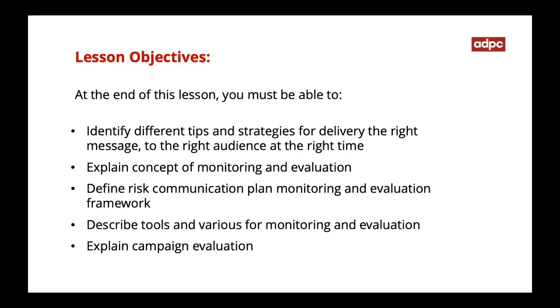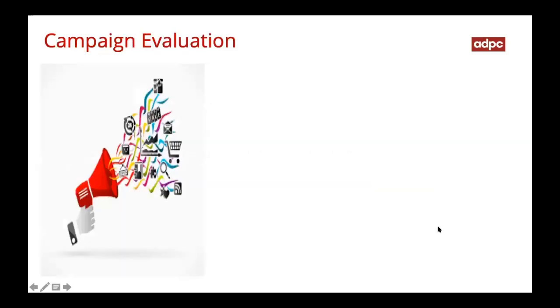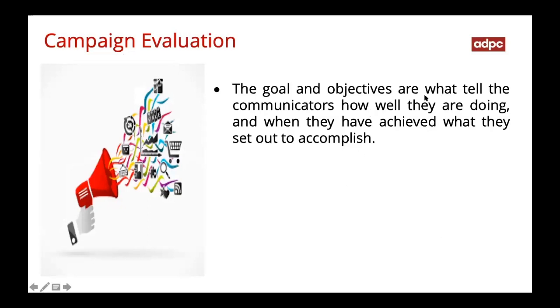Now, those are campaigns. How do you know? This is the last part. So campaign evaluation. The goal and objectives are what tell the communicators, that's you, how well they are doing and when they have achieved what they set to accomplish.